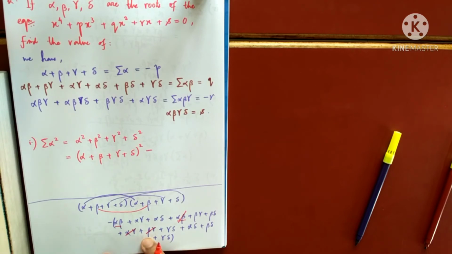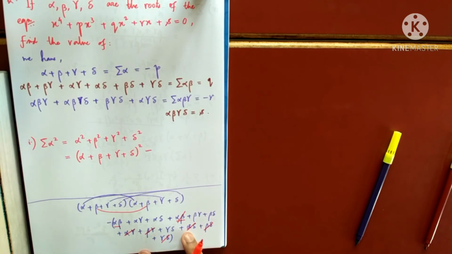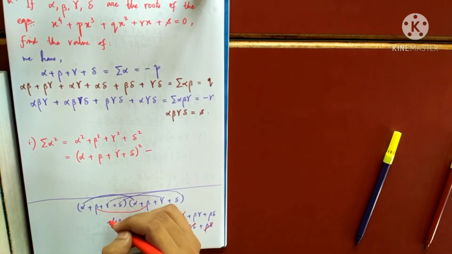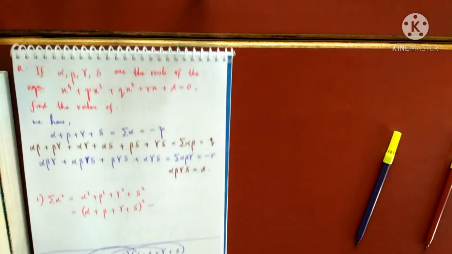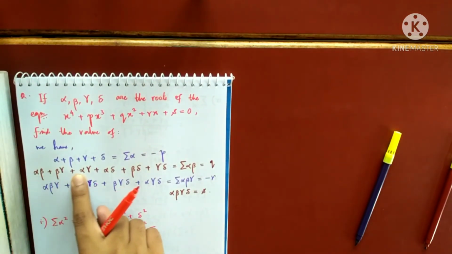Beta gamma I've already cancelled, yes, it's already here. Alpha delta I did not cancel, it's here. Now beta delta, it's here, and then alpha delta here. So cross the red ones and write here 2, because these many terms are extra. Now what is inside? 1 term, 2 term, 3 term, 4 term, 5 term, 6 term, and this is nothing but this.